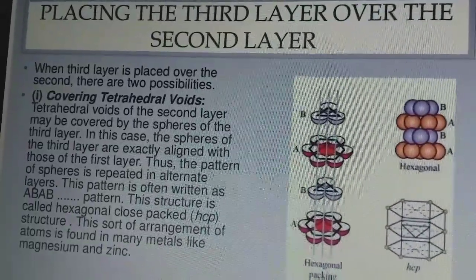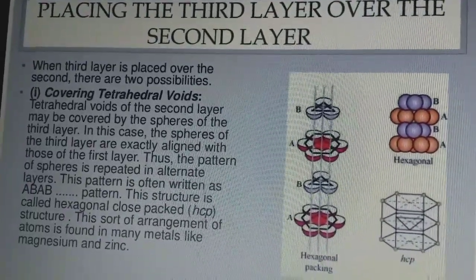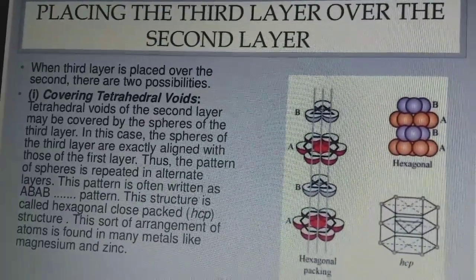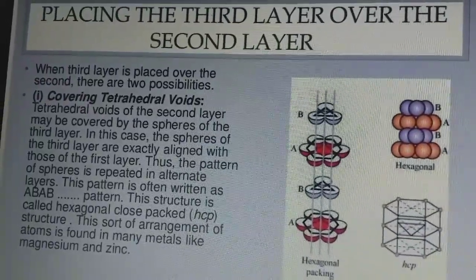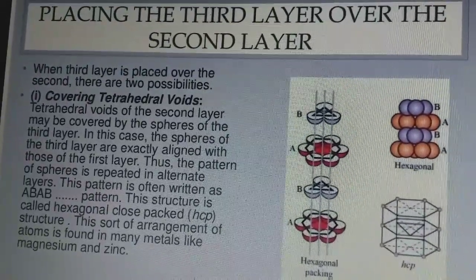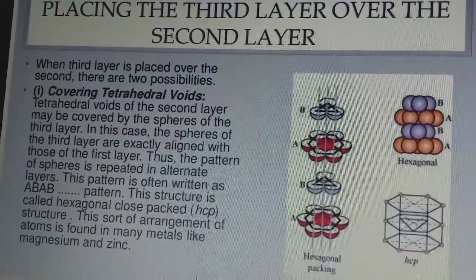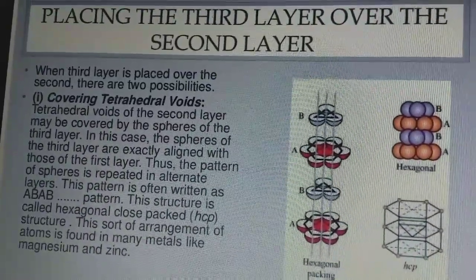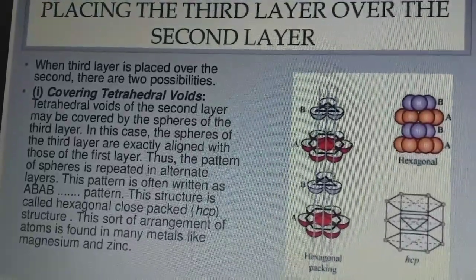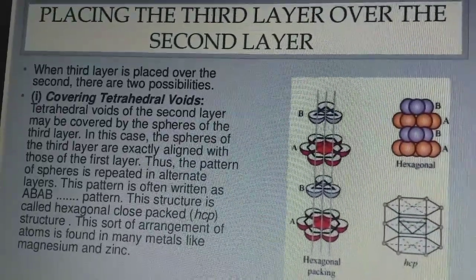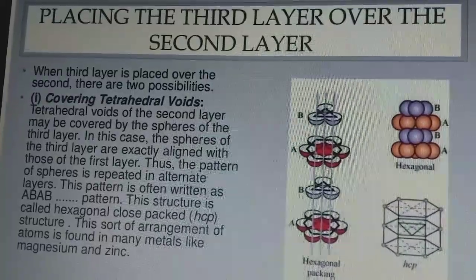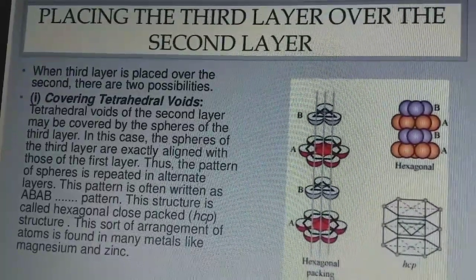And placing the third layer over the second layer, I explained already. When the third layer is placed over the second, there are two possibilities. One is covering tetrahedral void, another possibility is covering octahedral void. Covering tetrahedral void, the tetrahedral voids of the second layer may be covered by the spheres of the third layer.